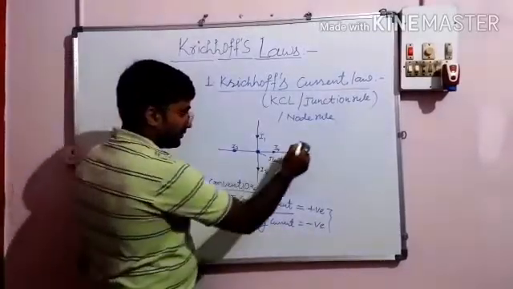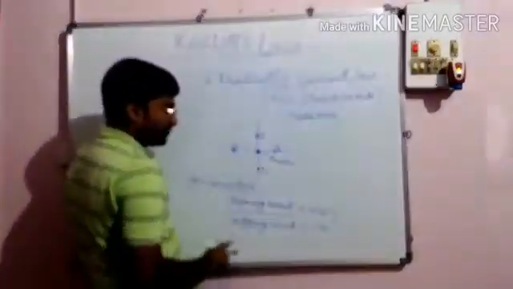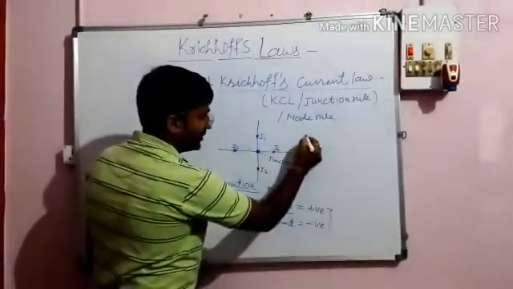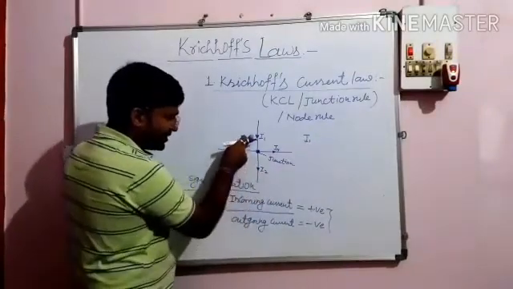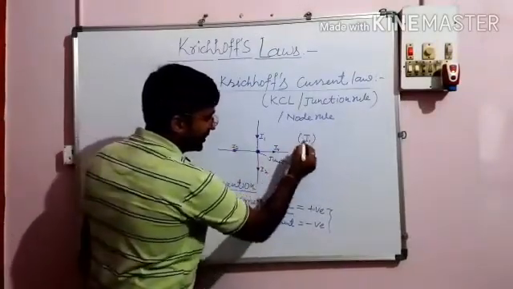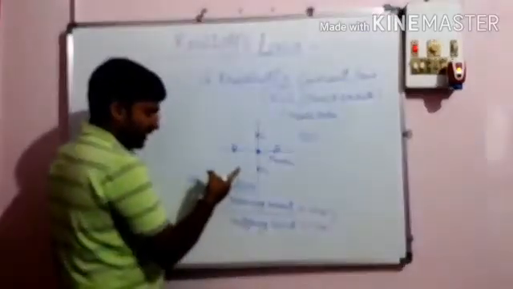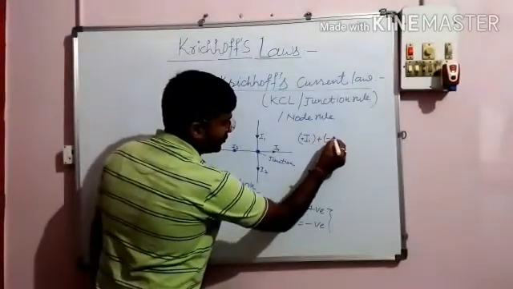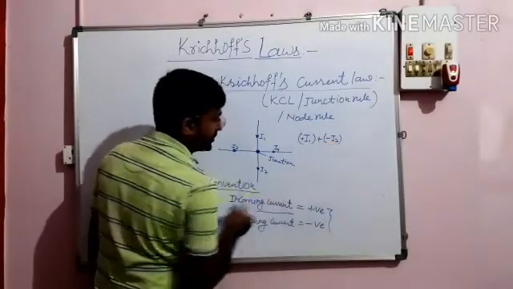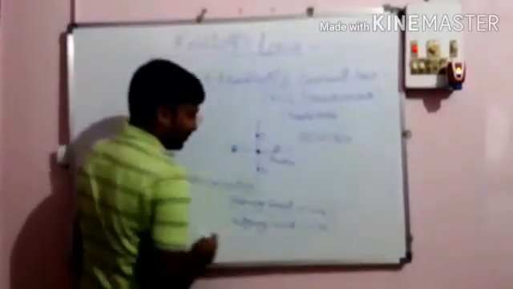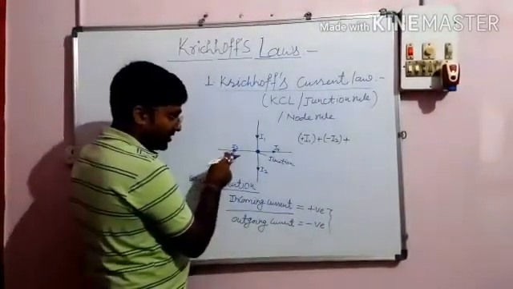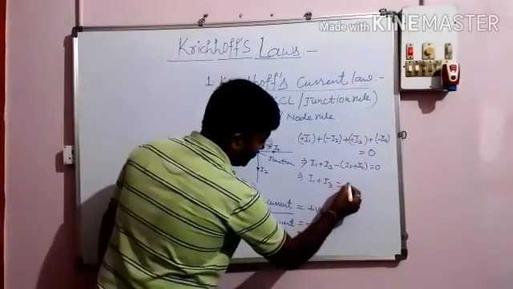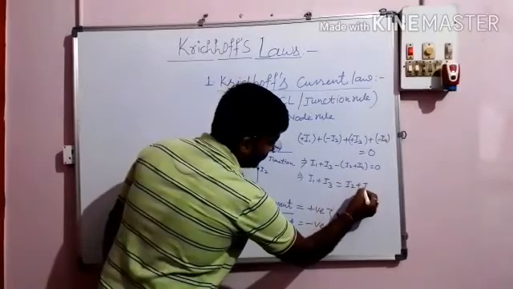Now apply Kirchoff's law for this figure. Current I1 is the incoming current, so it is taken as positive. Current I2 is outgoing current, and according to Kirchoff's law, this is taken as negative. Plus, the third one is current I3, which is incoming, so it is taken as positive. I1 plus I3 is equal to I2 plus I4.